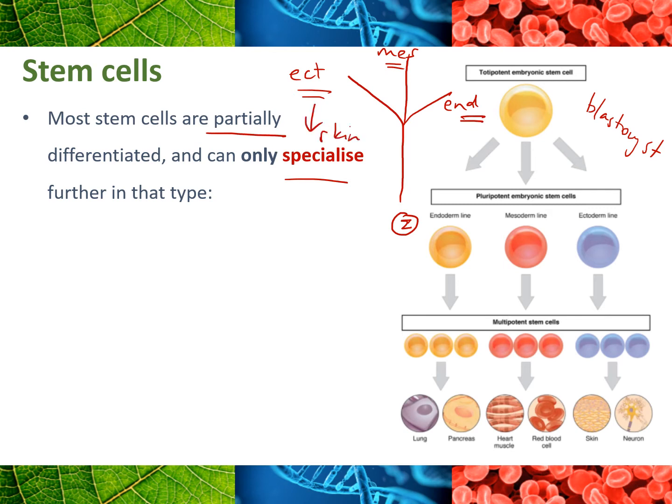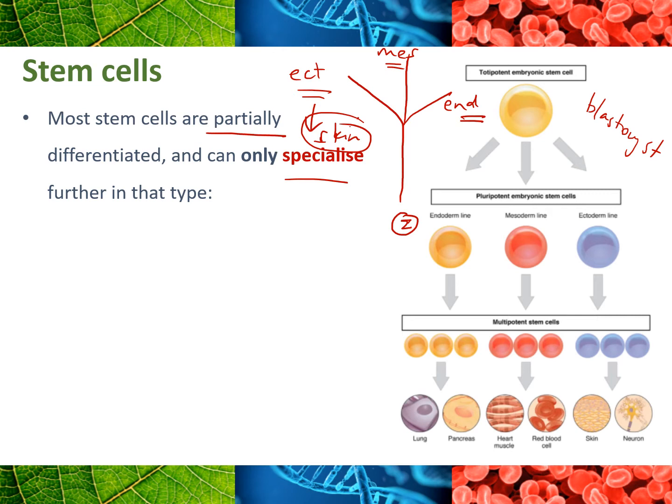So if a cell has already become an ectoderm stem cell, which becomes things like skin, linings of different tracts, nerve cells, that cannot now become, say, blood cells, which are part of the mesoderm.